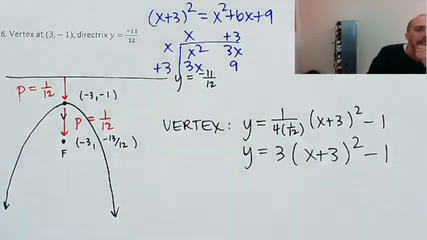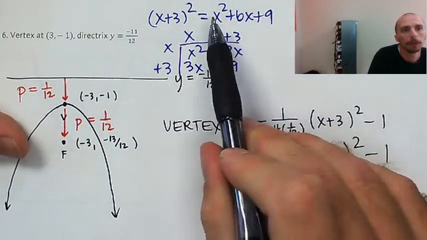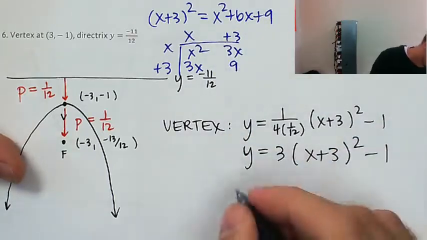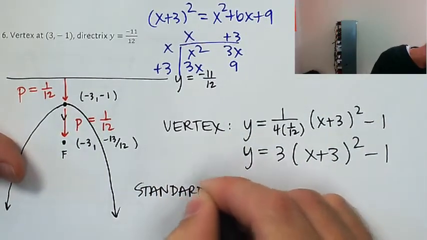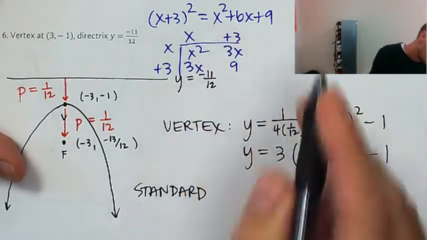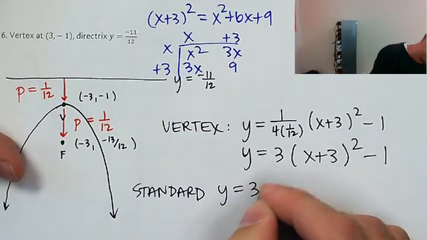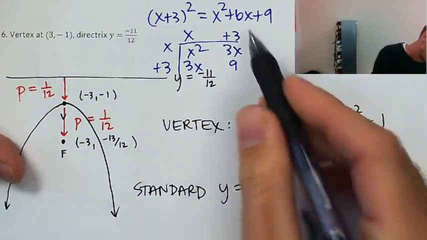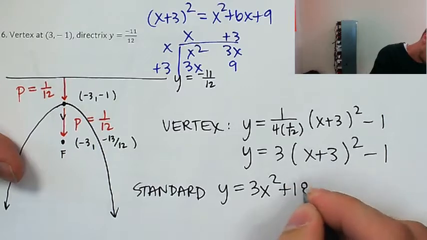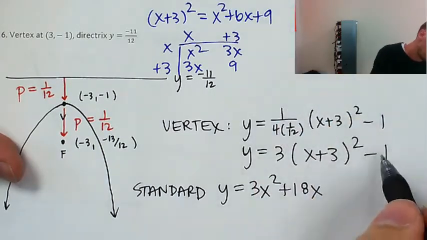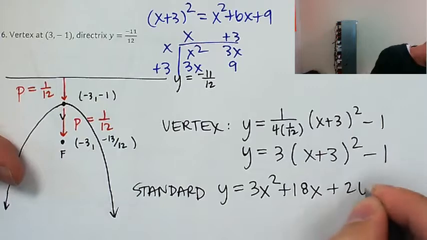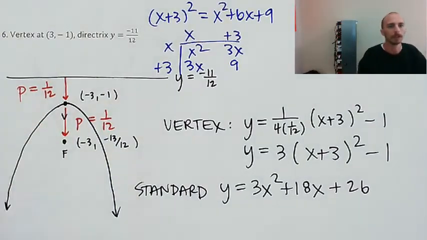And if I'm multiplying this by 3, then I have to distribute the 3 to everything. So I'll have my standard form equation: 3x squared plus 18x plus 27 minus 1 is plus 26. And that's a good standard form equation.